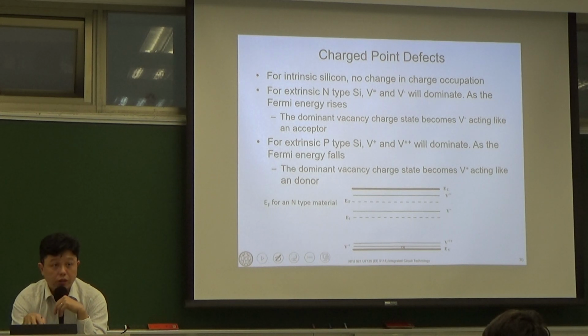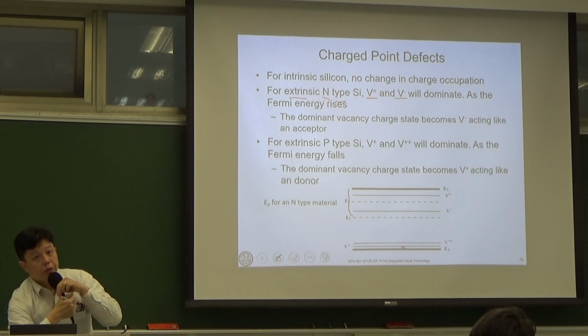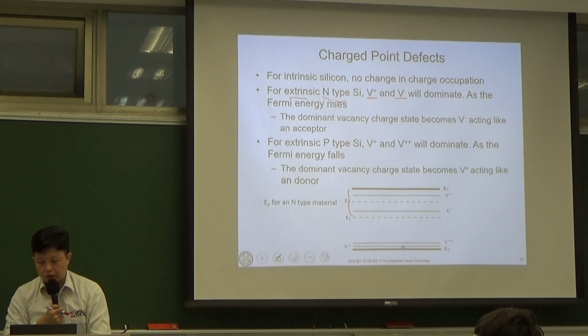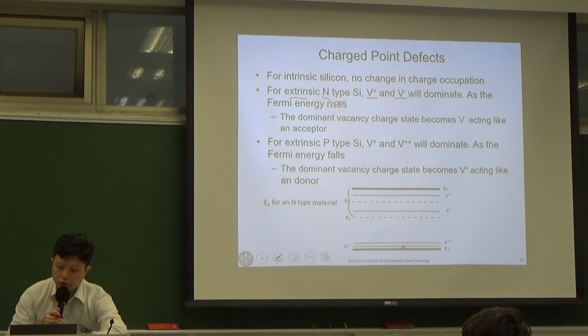Firstly, for intrinsic silicon, there is no change in charge occupation. For extrinsic, like N-type silicon, these two states will dominate because your Fermi level will be shifted into this region, depending on your dopant concentration. Which means your V minus and V minus minus states will dominate when you do the calculations.